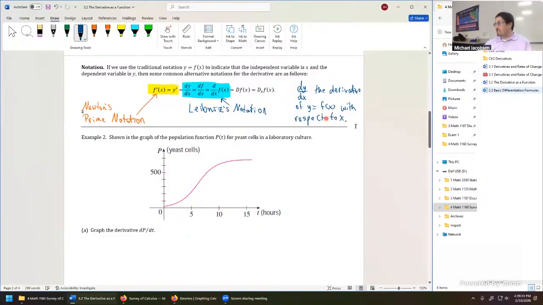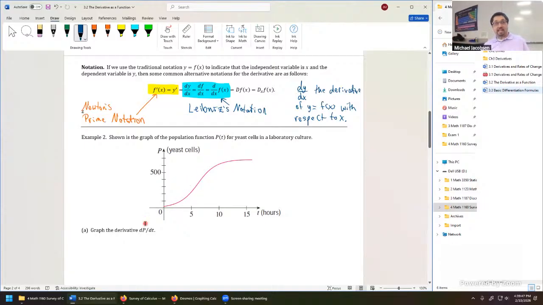It's another way to say this entire construction right here. Even though it looks really clunky, it's actually super useful, especially if you're dealing with some kind of applied situation, say like in this case. We have a graph of the population P of t, the number of yeast cells in a laboratory culture, t hours after the experiment began.